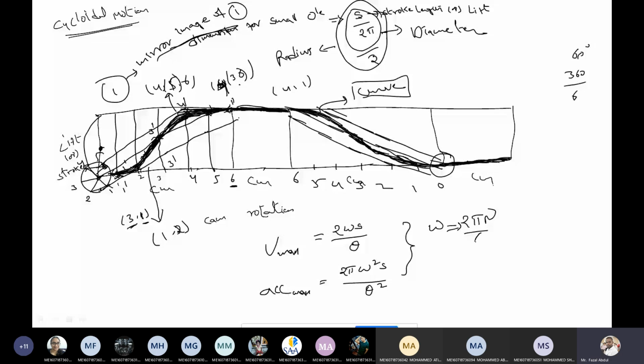This will be given in the question in RPM. And s is the stroke length, or lift. So these two are also important. You need to calculate these two points only when the question asks. Otherwise, no need to calculate.